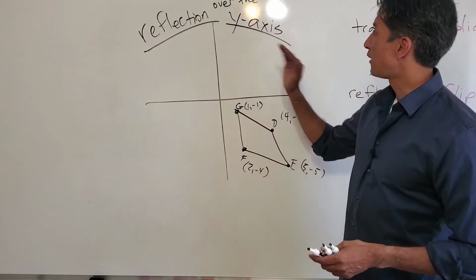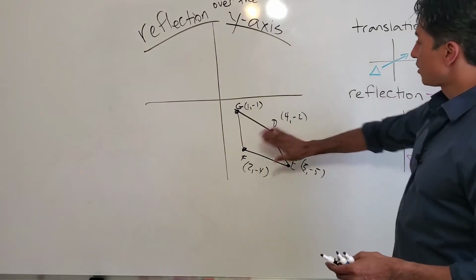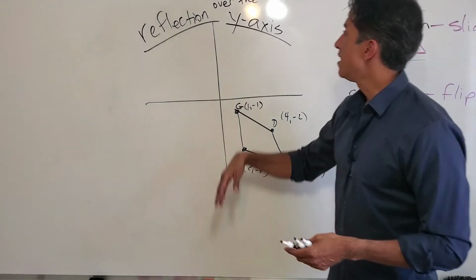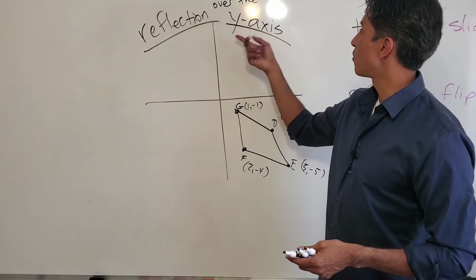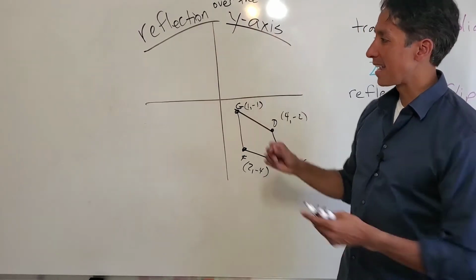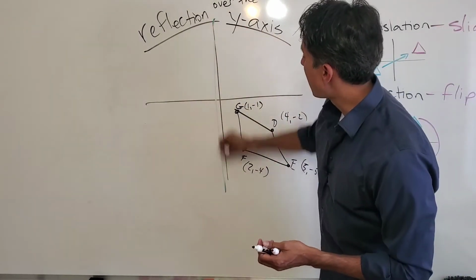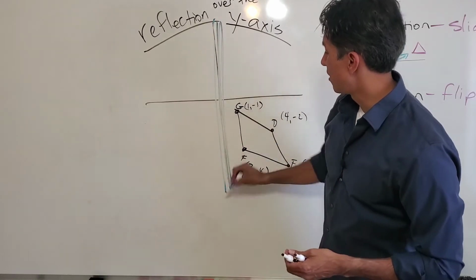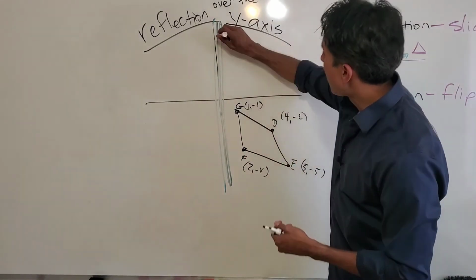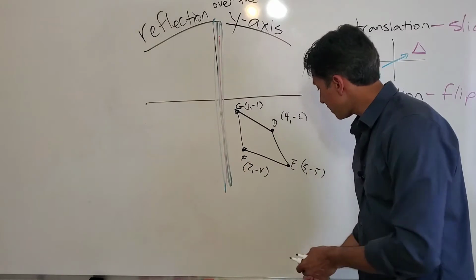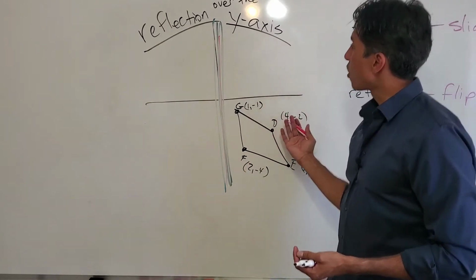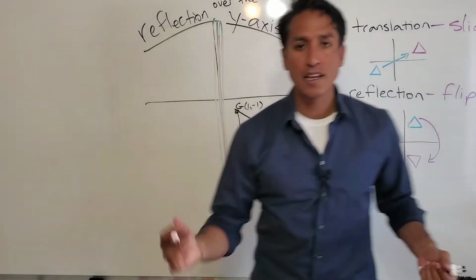We're doing a reflection, which means we're doing a flip. So it's either going to flip this way or this way. Reflection over which axis? The y-axis, up and down. So we're going to flip this over the y-axis.